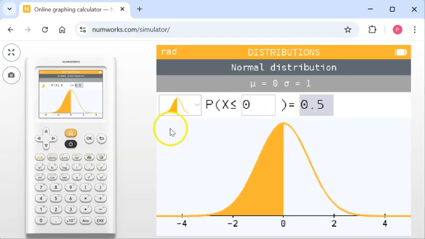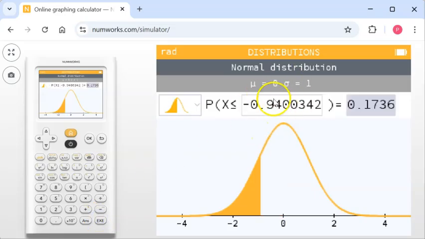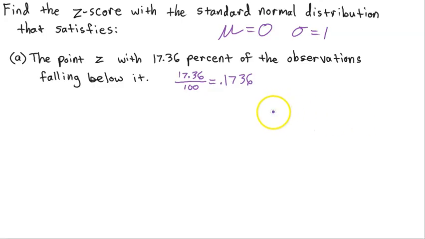So in this box, we're going to type in 0.1736 and press execute or enter, and look, it tells us what the z-score is, negative 0.94. We could go a couple more, but I think we're just going to stop here at negative 0.94. So our answer here is z equals negative 0.94.